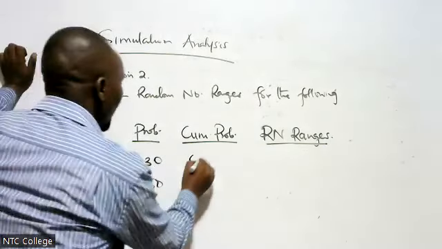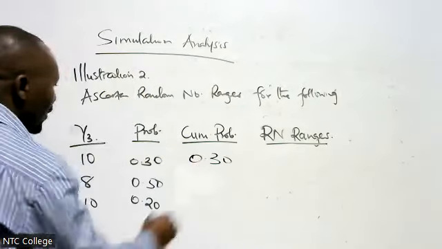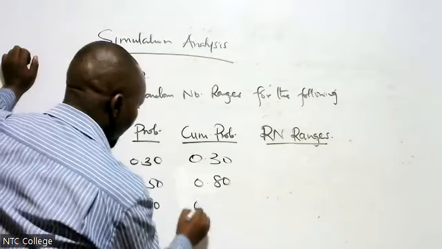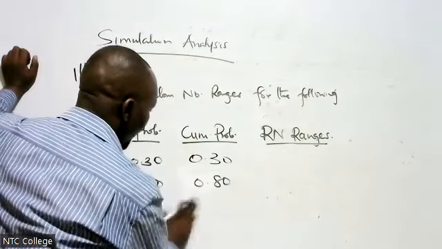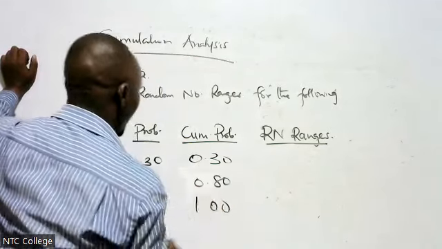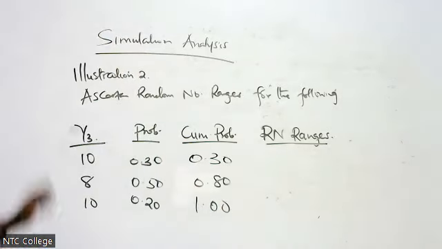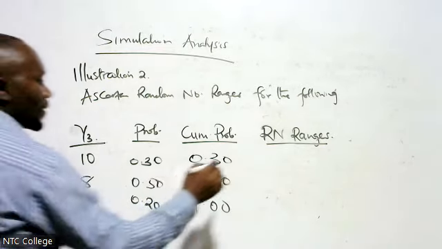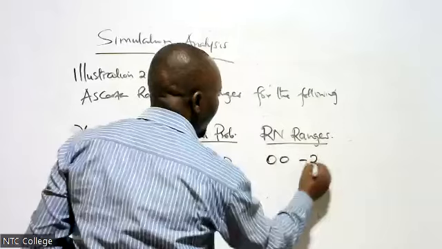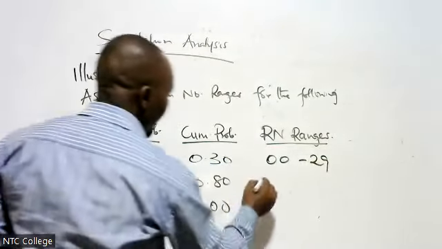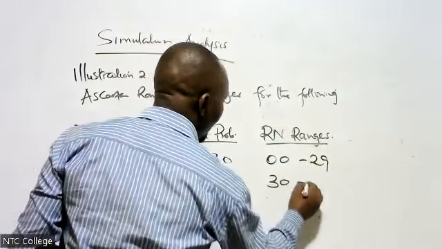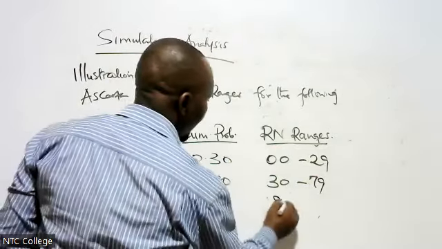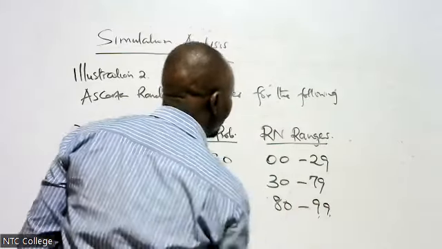You can expand this one to be 0.30, then you have 0.80, and you have 1.0 still. Are we together? So our ranges are 00 to 29, then 30 to 79, and then we have 80 to 99.